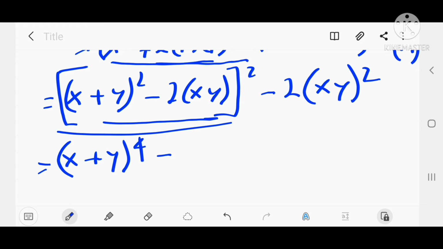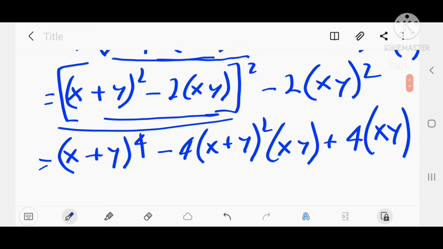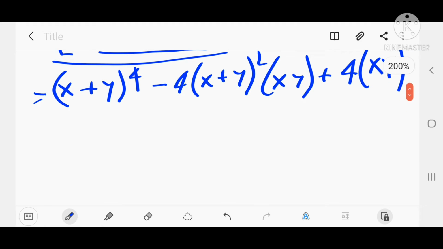So we have here, this is right. We expand this, so that will give us minus 4, then x plus y, squared, and xy. So now plus 4xy.